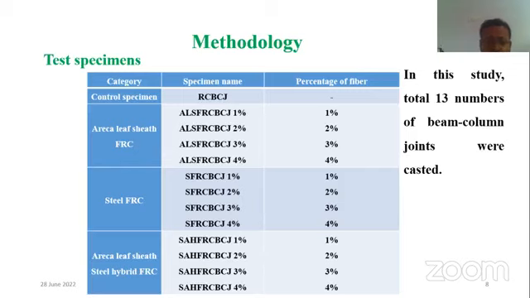It is termed as ALS FRCBC 1%, 2%, 3%, 4%. This is the percentage of fiber that has been varied to find out the optimum percentage. Okay. Similarly, for steel fiber and also steel Areca leaf sheath hybrid fiber. So these are the 13 beam column joints that have been cast and tested in the laboratory.